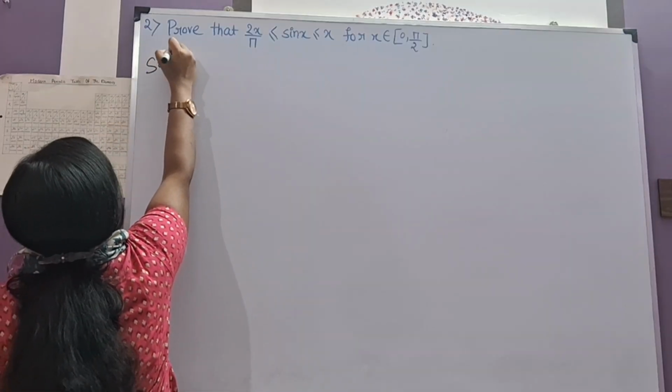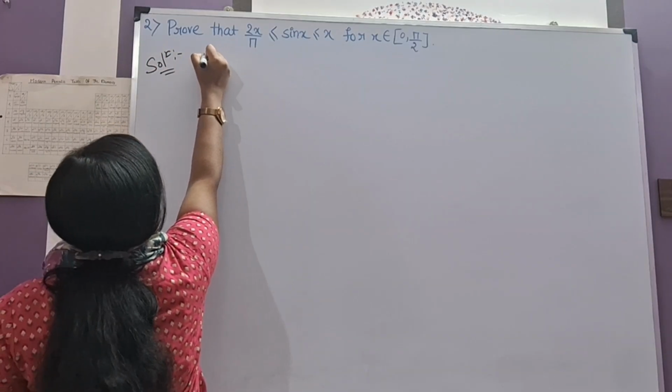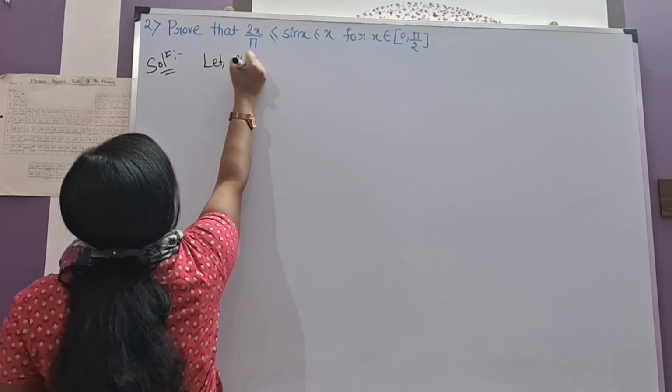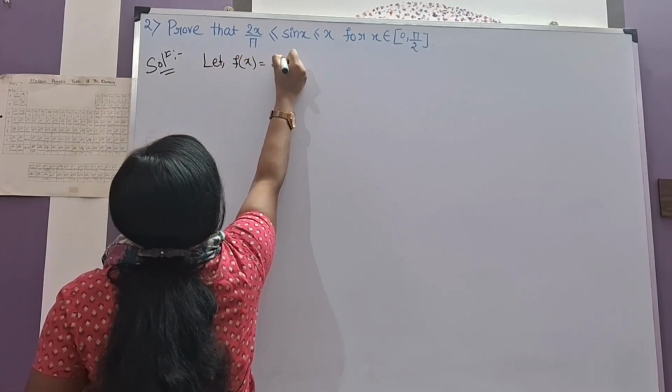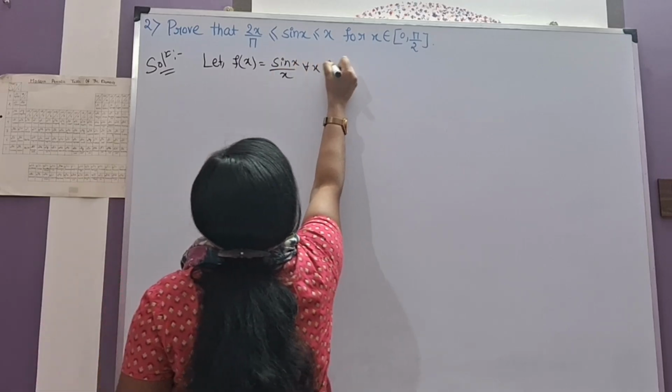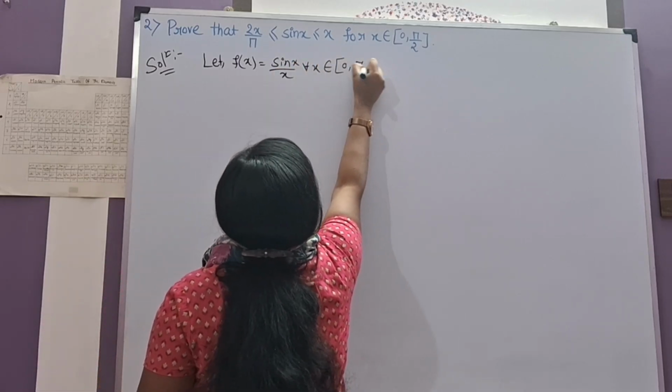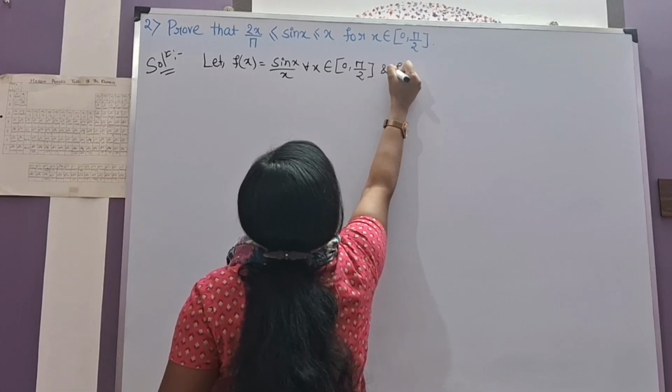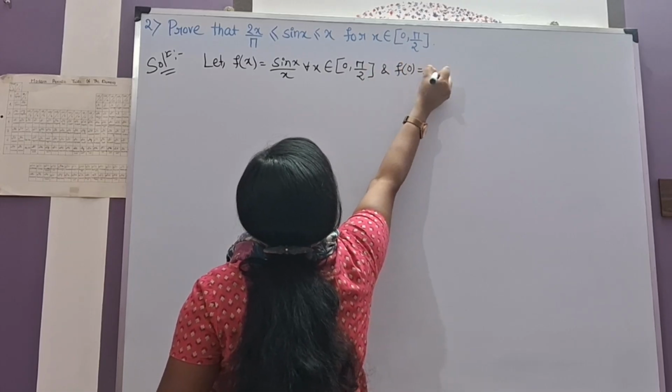Now we are going to solve this numerical. So let f of x equal to sin x by x for all x belonging to closed interval 0, pi by 2, and f of 0 equal to 1.